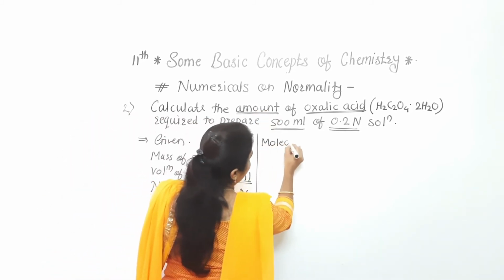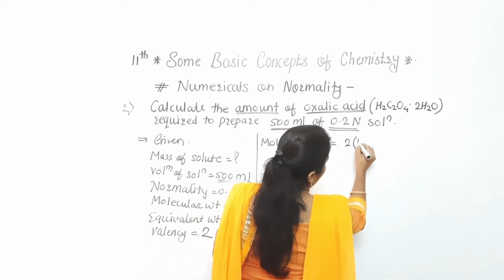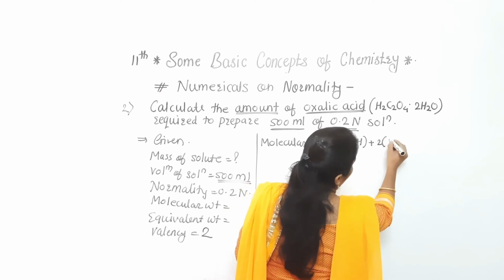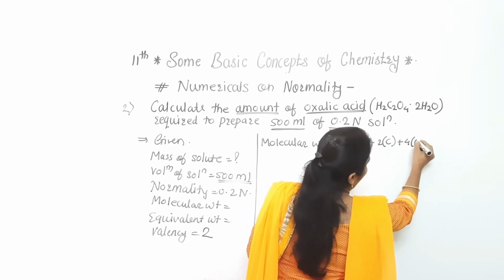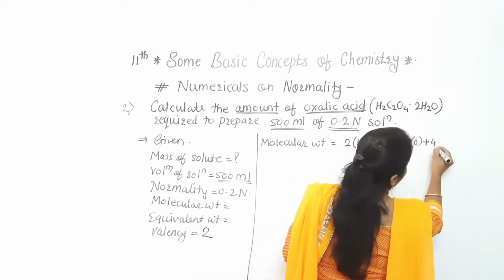Molecular weight, that is nothing but we are saying that molar mass also. 2 hydrogen atoms plus 2 carbon atoms plus 4 oxygen atoms, but it is not finished. Then 4 hydrogen are also there.